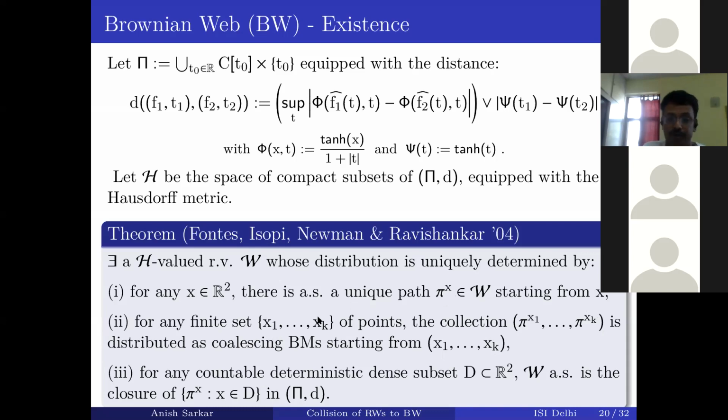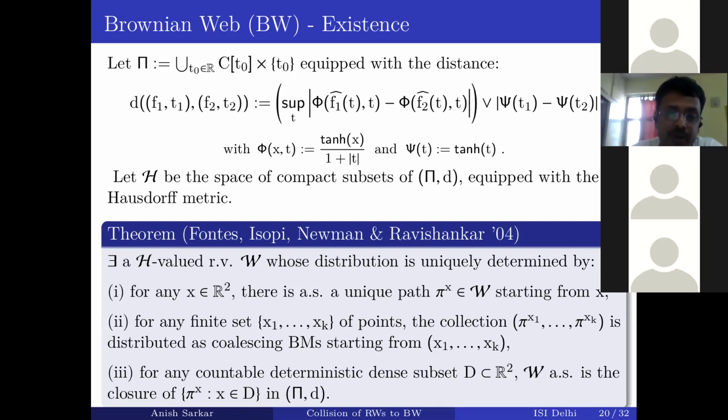The third important property is that if I start with any countable dense set D, and look at the collection of paths, which is a subset in some space with a topology, and take the closure, that determines this random object uniquely. So any two collections like that give you the same thing. That is what it means.